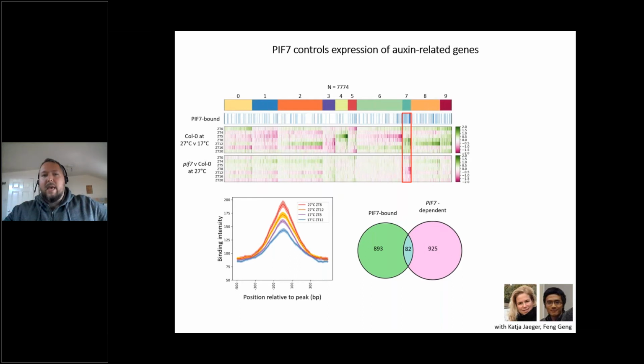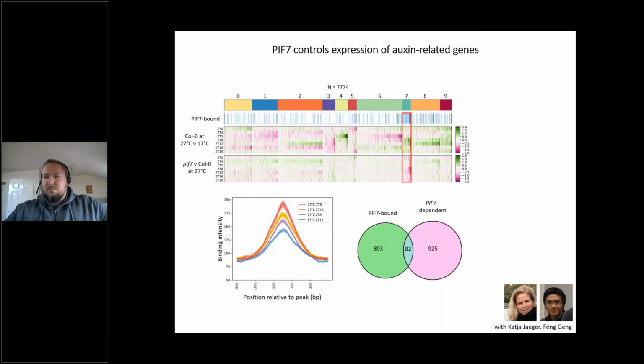We also looked at the intersection between genes bound by PIF7 and genes whose expression was dependent on PIF7. And we found the overlap was quite small. There's a number of genes that are bound, but they don't show misregulation in the mutant. And there's a number of genes that are misregulated, but not directly bound by PIF7, and rather are indirect targets.